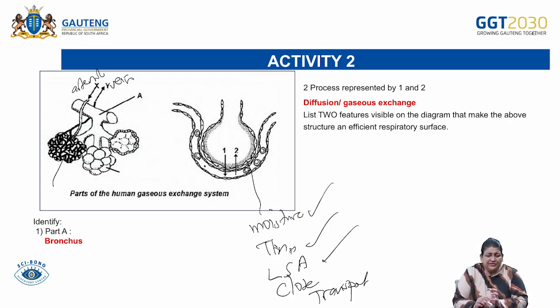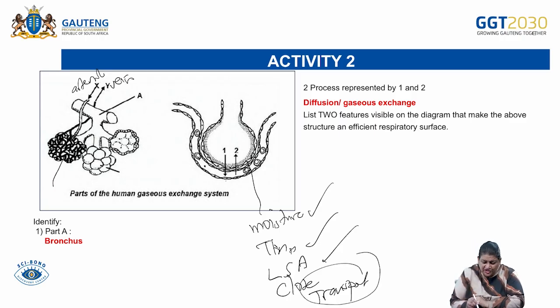The blood capillary is in close contact with the alveolus to transport the gases from the cells to the blood and from the blood to the cells. So there's a transport. So all 5 requirements are met in the gaseous exchange system of the human being.